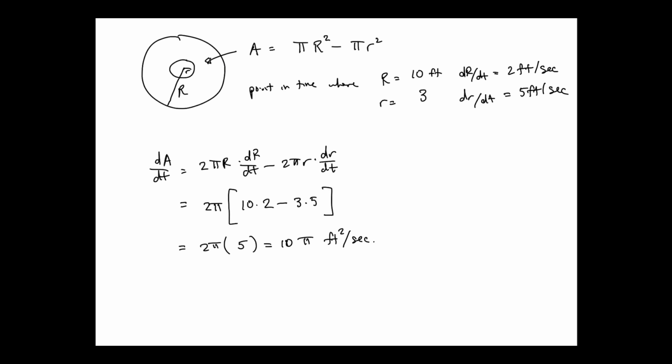And then separately figure out the rate for the inner circle, and you got 30 pi instead of 40 pi. And you said, oh, well, 30 pi is smaller than 40 pi, so the bigger one's expanding more than the smaller one is shrinking it, and therefore the total area is increasing.